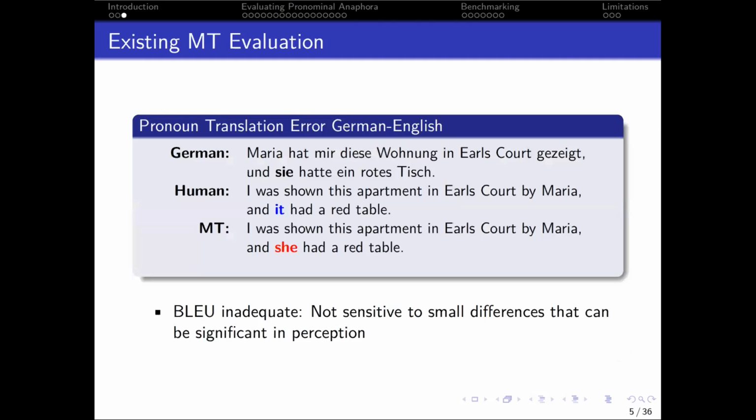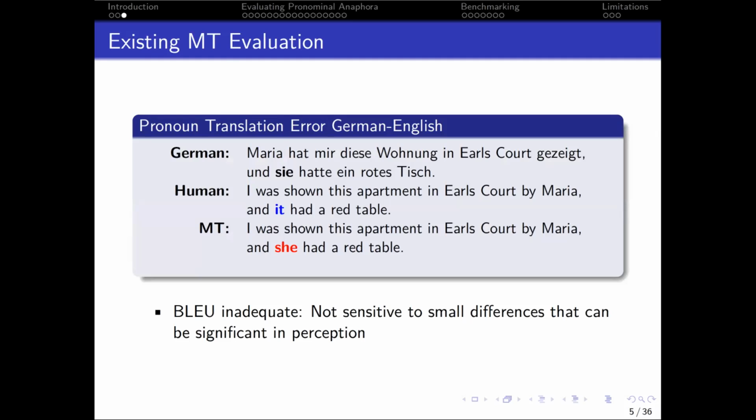But here's a more, I think, interesting example. Here's a translation error when translating from German to English. In this case, the translation should originally be, I was shown this apartment in Earl's Court by Maria, and it had a red table. The original German pronoun here is ambiguous, so the MT system produces a different translation. It says, I was shown this apartment in Earl's Court by Maria, and she had a red table.